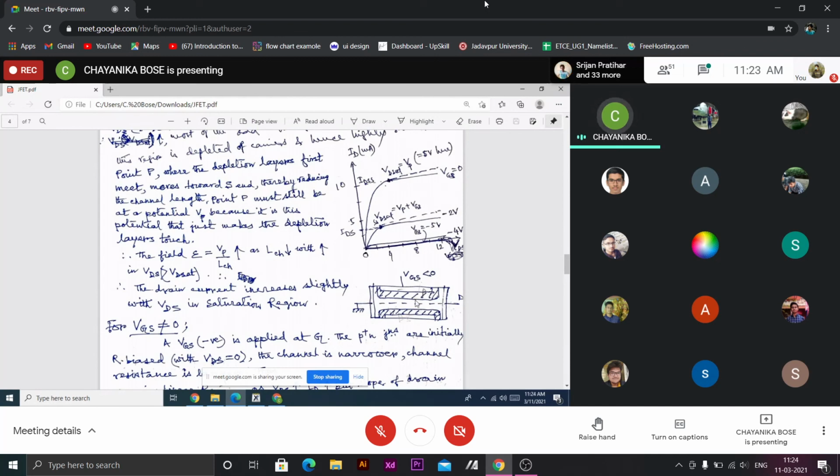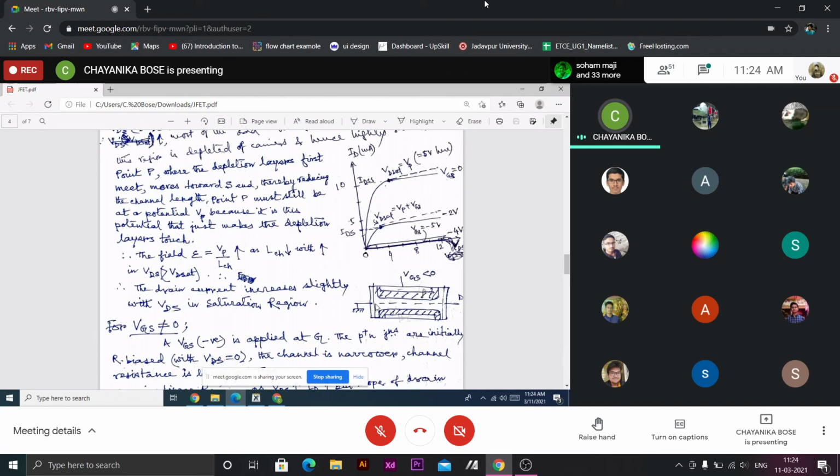Basically, the source is 0 and the drain is at plus 2 volts, say. Then the 2 volt will be distributed along this resistor. So the channel on the drain side will get more reverse bias than in this region.